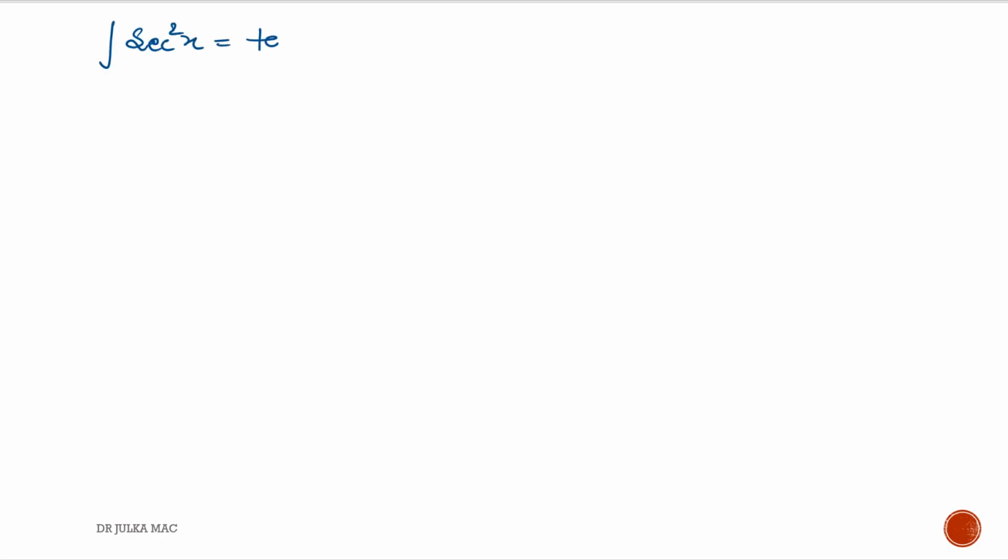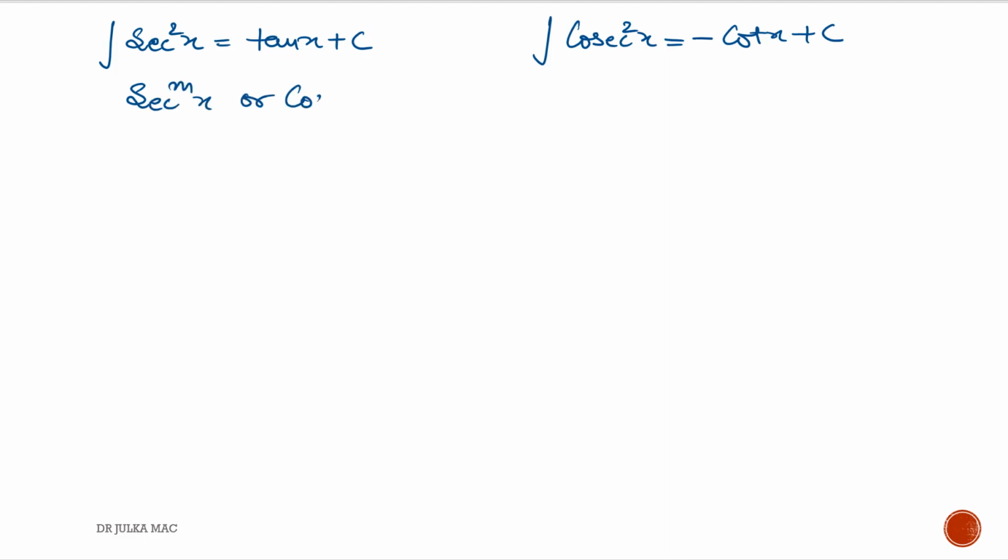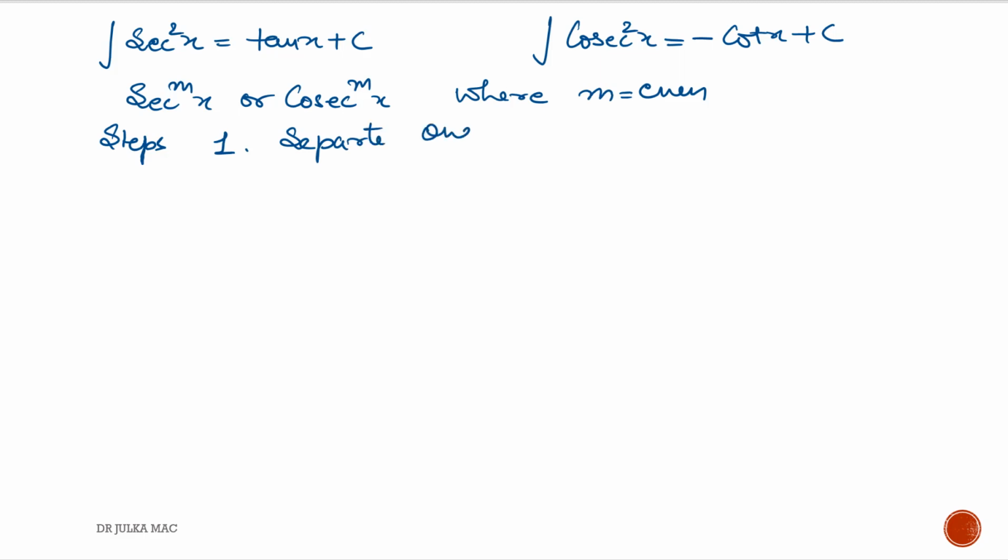Next point. Integration of sec square x is tan x plus c. Integration of cosecant square x is minus cot x plus c. Now we talk about even power. Whenever we have sec to the power mx or cosecant to the power mx, where m is even power, then first we separate one sec square x or cosecant square x.